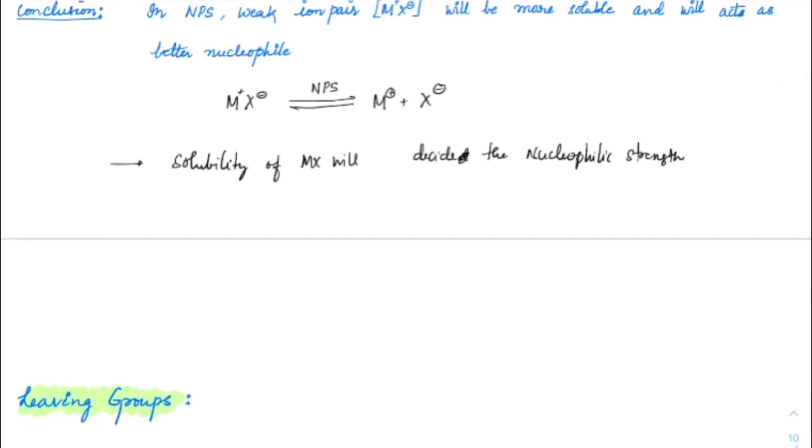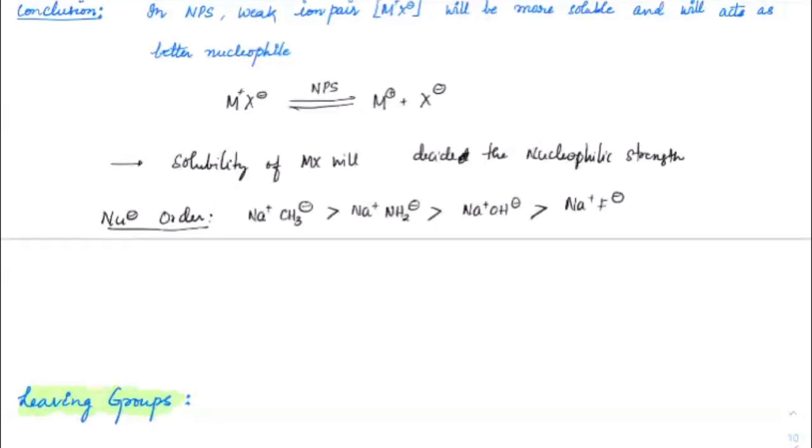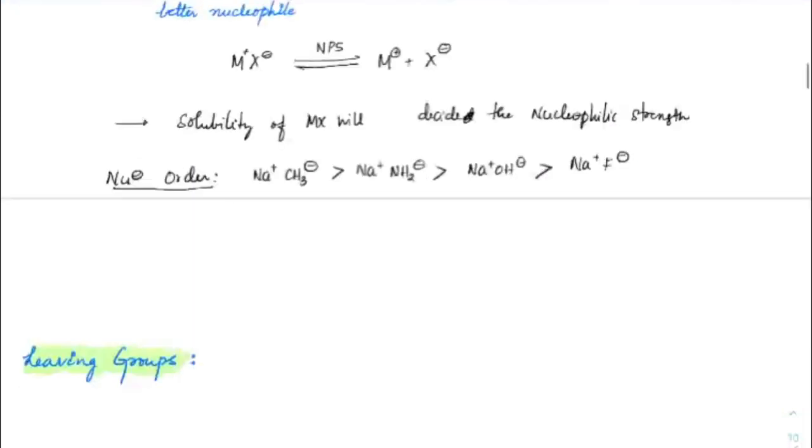So the best thing you can check out is that the nucleophilic strength order in NPS would be based upon what kind of bonding it has. If it is a bond between Na plus CH3 minus, compared to that of Na plus NH2 minus, Na plus OH minus, and Na plus F minus, then definitely this will act like a better nucleophile as compared to that of NaF. Okay. So the reason here is weak ion pair.